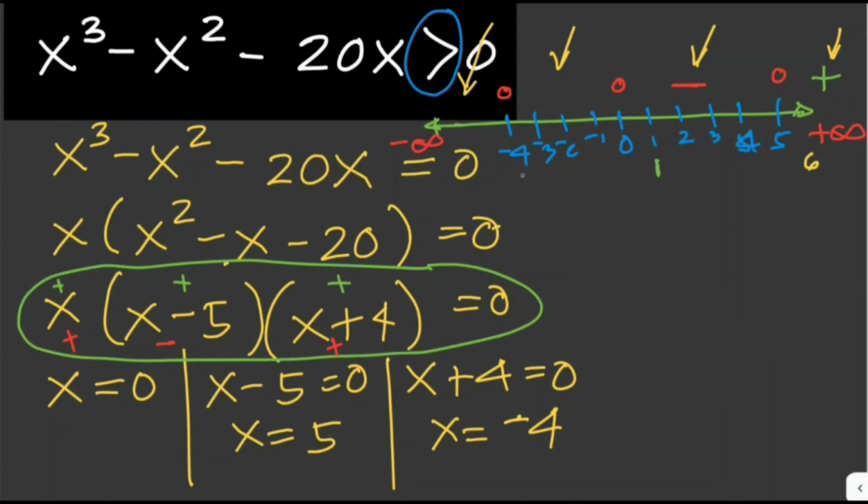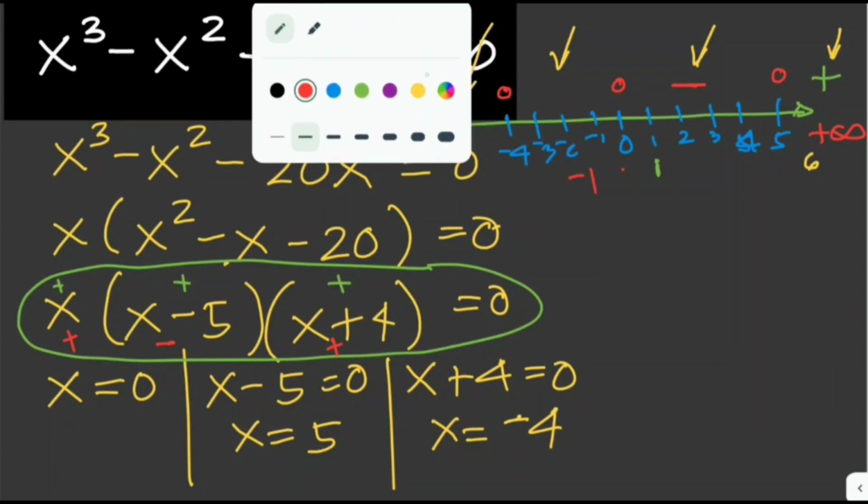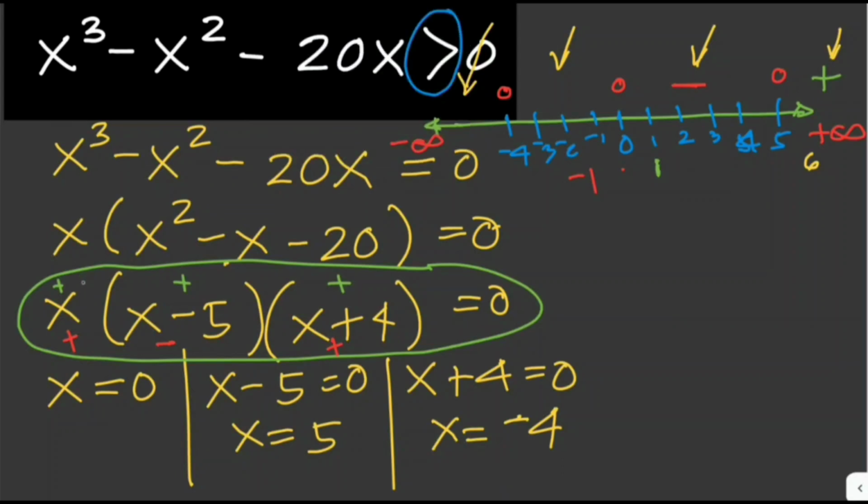And then we try a point between negative 4 and 0. Let's say negative 1. So x is negative, and negative 1 minus 5 is negative. Negative 1 plus 4 is positive. So negative times negative is positive.